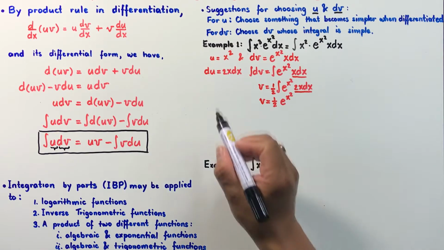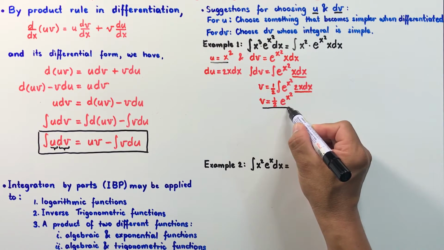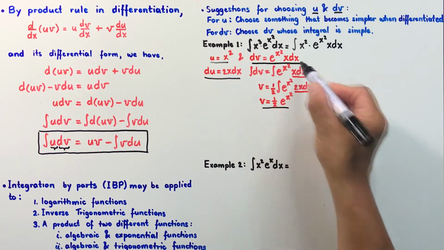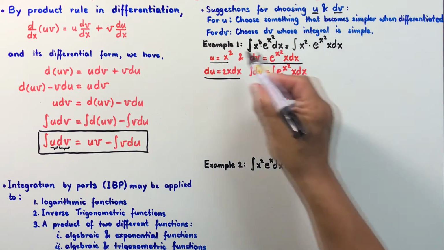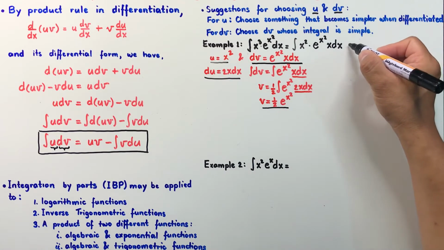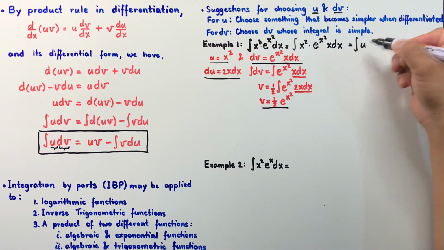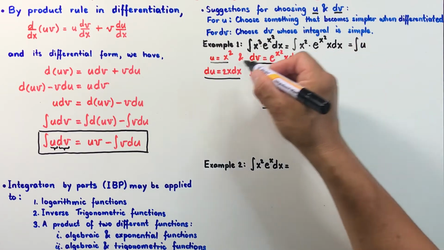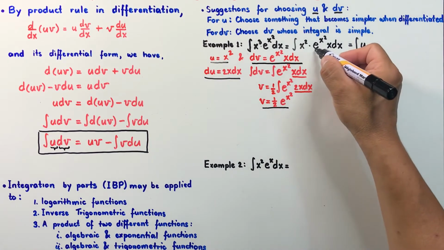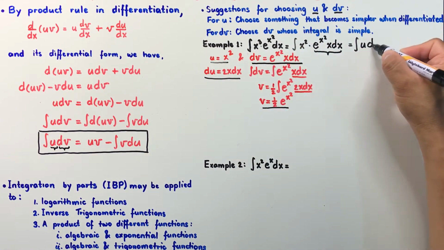And now that I have my u here, and I have also my v here, my du and my dv here, then I can substitute this into my integrand here. So we have our integrand as u, because instead of writing x squared, I will write the u representation there. And instead of writing this part here, this is my dv representation.